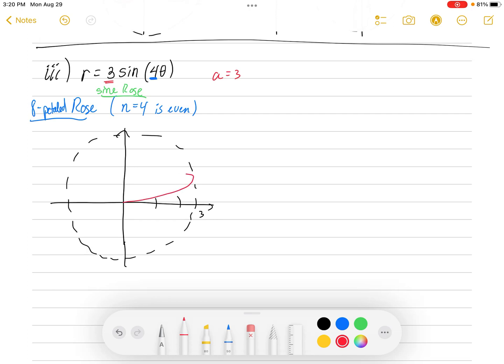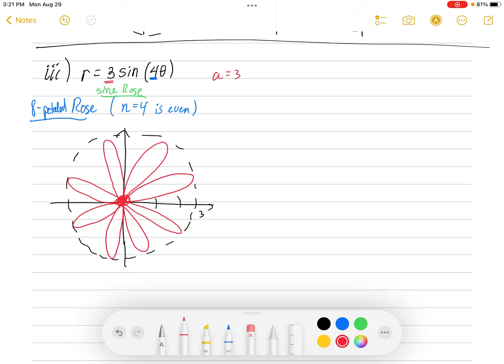It starts here. It goes here, then here, and then here, and here. Ooh. And here, and here, then there.